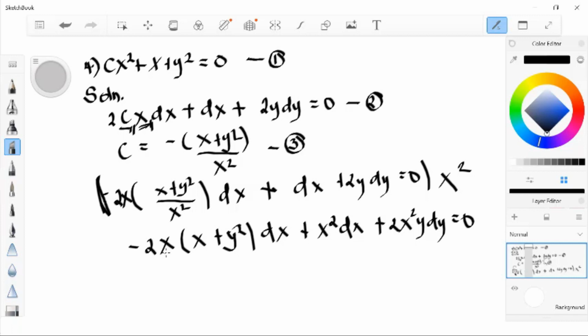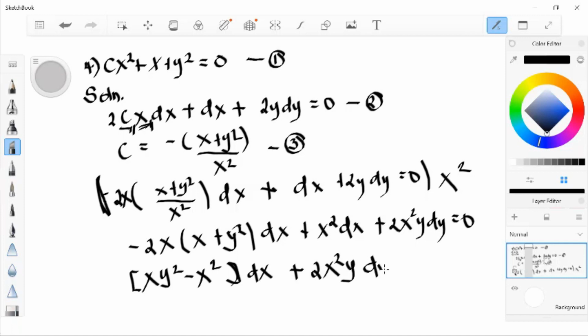Then we regroup it by dx for dx and dy for dy. So for dx, negative 2x squared plus 2 plus x squared, that is y squared minus x squared dx. And for dy, that would be 2x squared y dy, which is equal to 0.